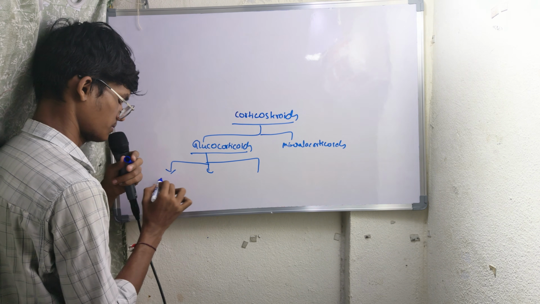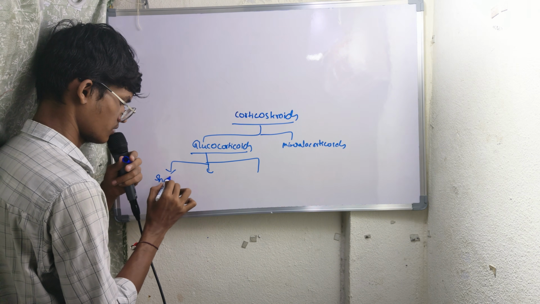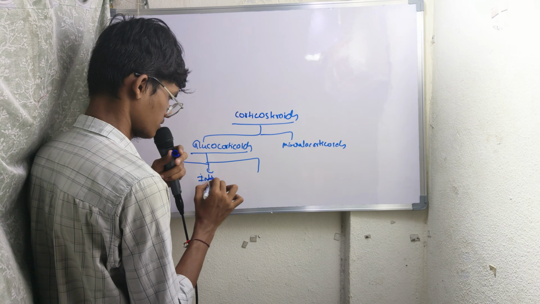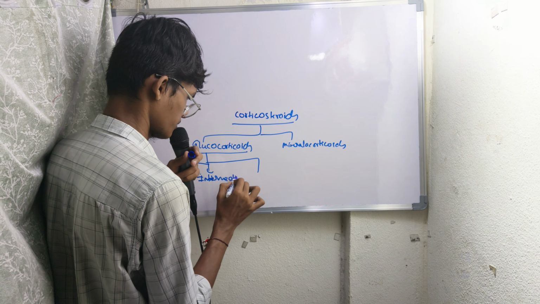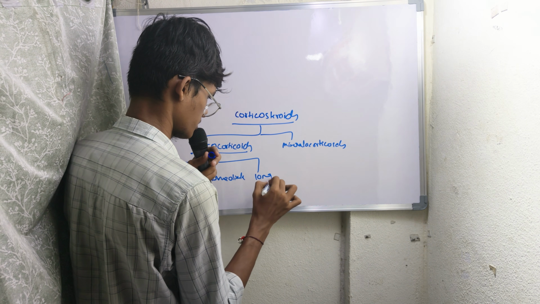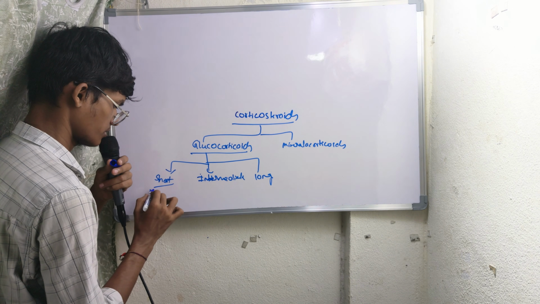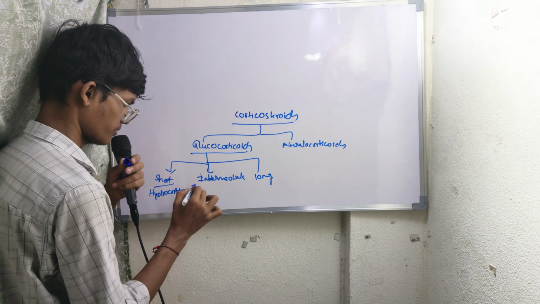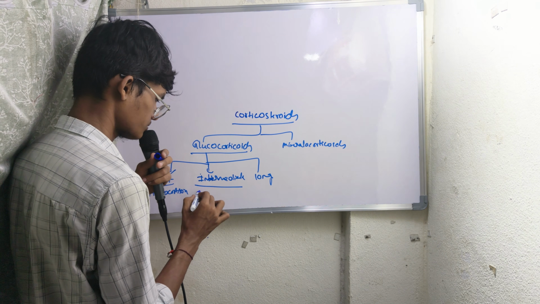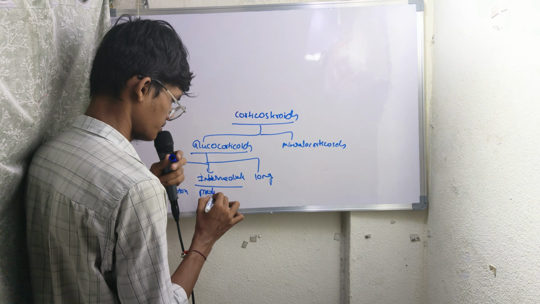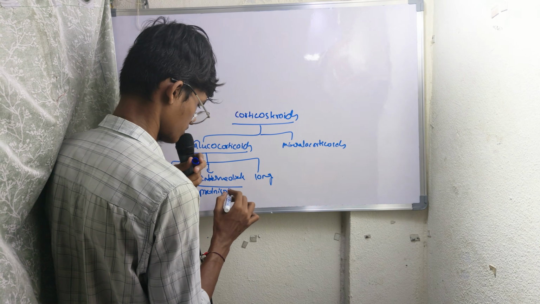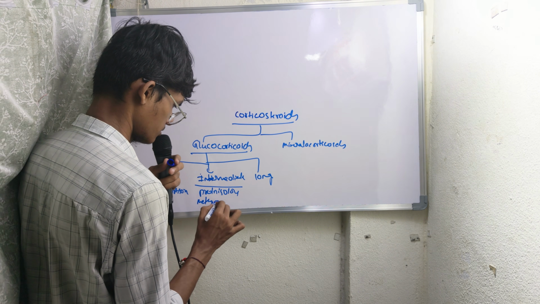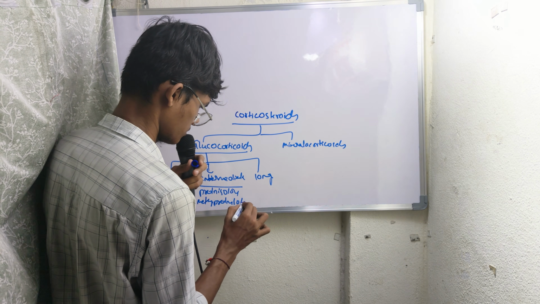We have three subtypes: short acting, intermediate acting, and long acting. In the short acting we have hydrocortisone. In the intermediate we have prednisolone and methylprednisolone.